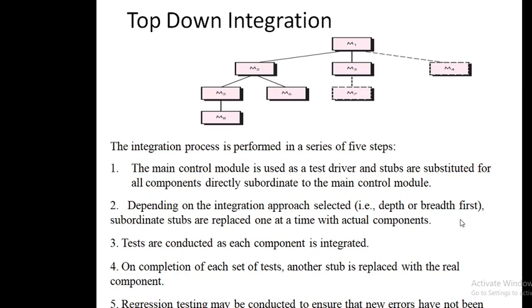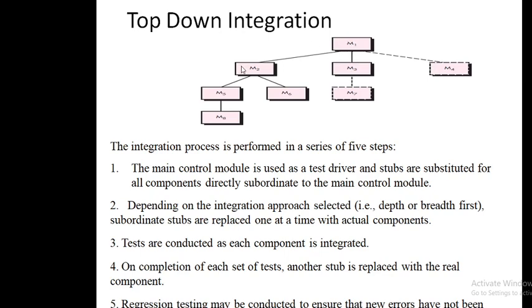What is meant by depth-first or breadth-first? Depth-first means going from top to bottom on the left-hand side. The leftmost modules are integrated: M1 is integrated with M2, then M5 and M6. Afterwards it moves to the right-hand side: M1 to M3, M7, then M4. This approach is depth-first. Breadth-first means level by level.